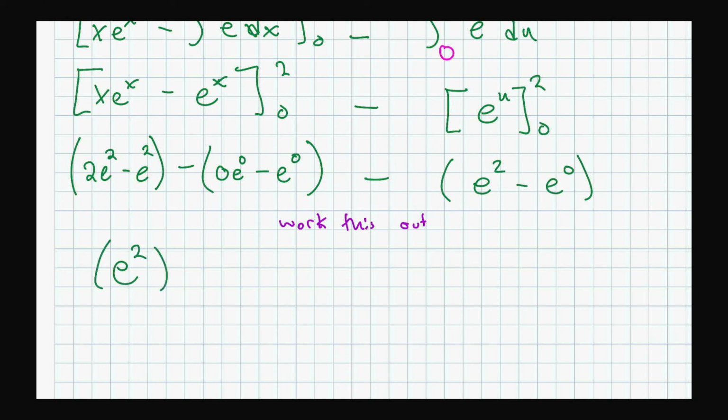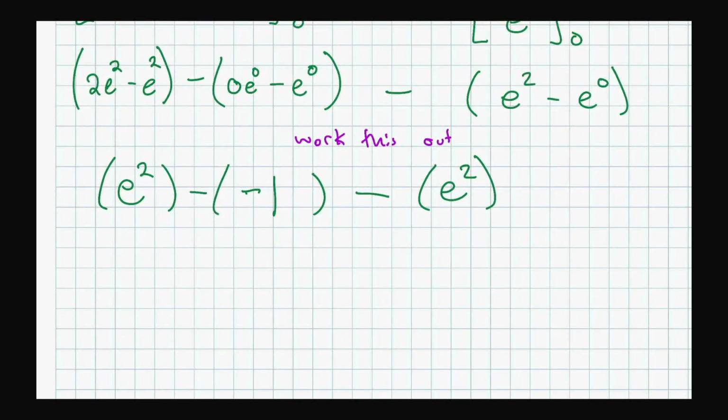And then you've got minus, let's work this out. 0e to the 0 is 0, but then it's minus e to the 0, so that's minus 1. And then here we got minus, and then this is just e to the 2. So overall, you've got e to the 2 minus minus 1 minus e to the 2. And you work that all out, and it looks like simply 1.